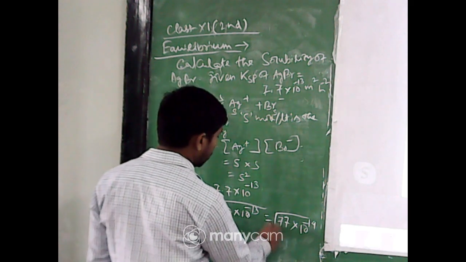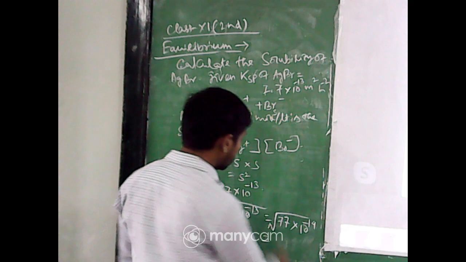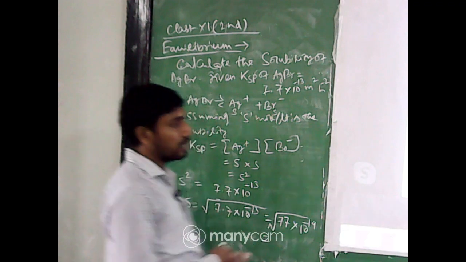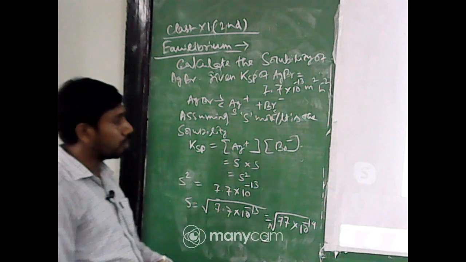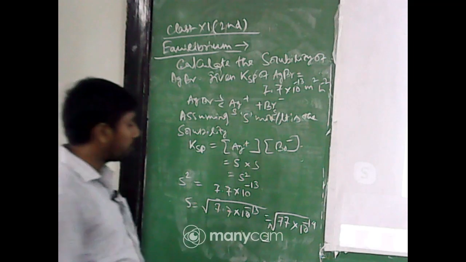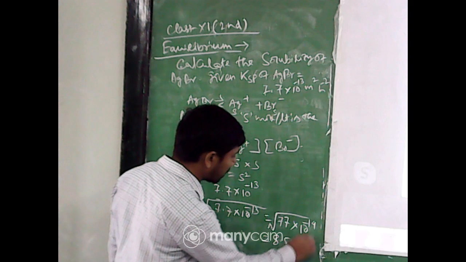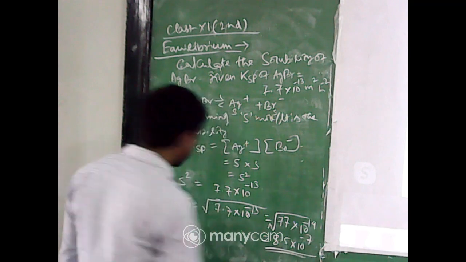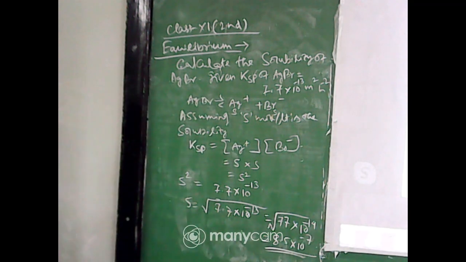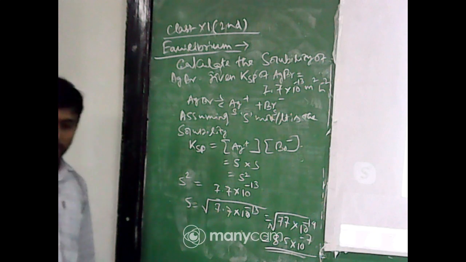The root of 77 is more than 8, because 9 into 9 is 81 and 8 into 8 is 64. So it is greater than 8.5. Roughly it is equal to 8.5 into 10 to the power minus 7. So the solubility is 8.5 into 10 to the power minus 7.